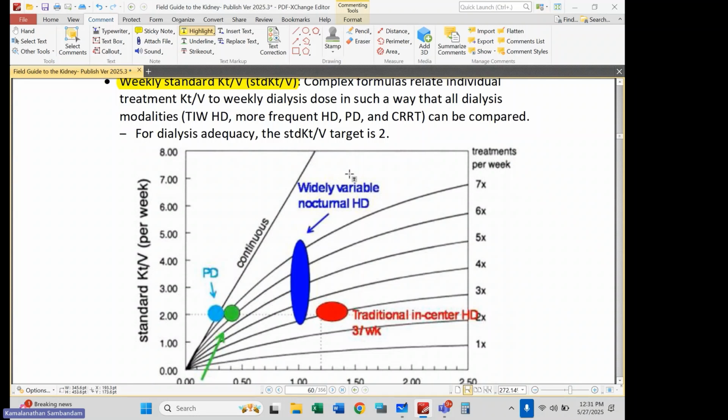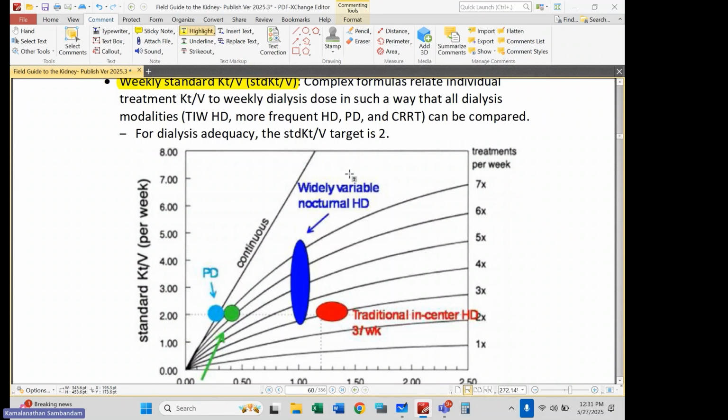It is not true that doing, for instance, daily dialysis 7 times a week, I simply add up the Kt/Vs of each dialysis treatment, and that must be equal to the standard weekly Kt/V. That's an oversimplification. It does not relate that way.